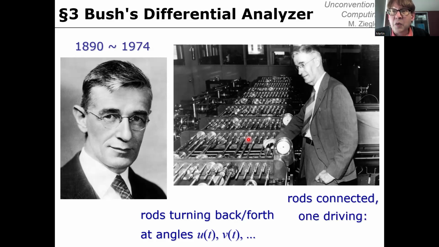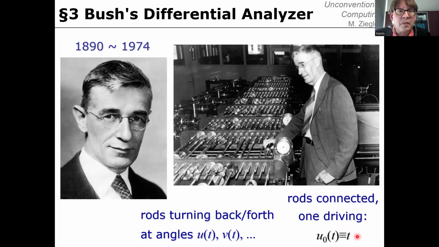We will denote the one driving rod with u naught. The driving rod rotates at a constant angular speed, so that its angle is basically the time. So this is the constant function that we discussed earlier when we talked about these differential equations.